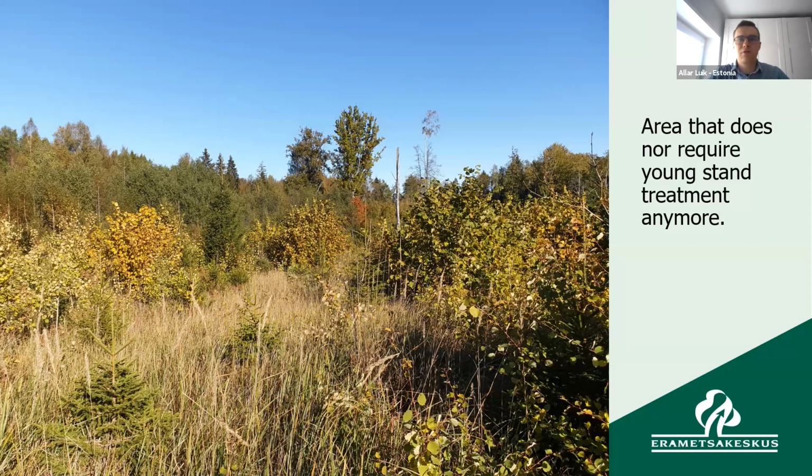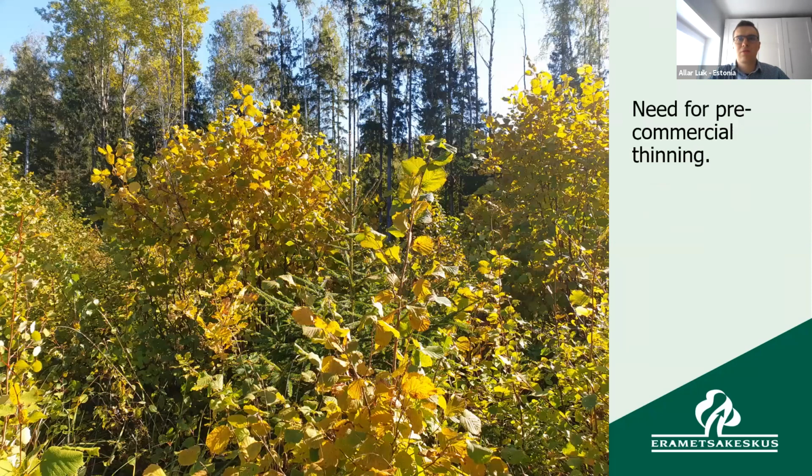If I look to the right, this picture was made on basically the same spot. There is already quite a high hazelnut bush growing. And the spruce is okay at the moment, but it might need some pre-commercial thinning.